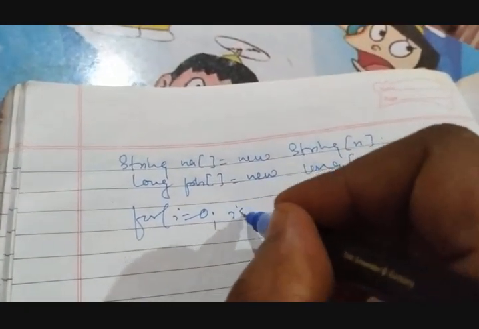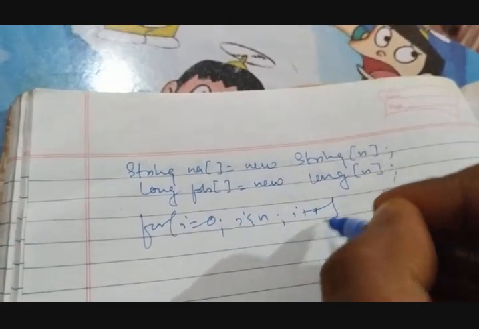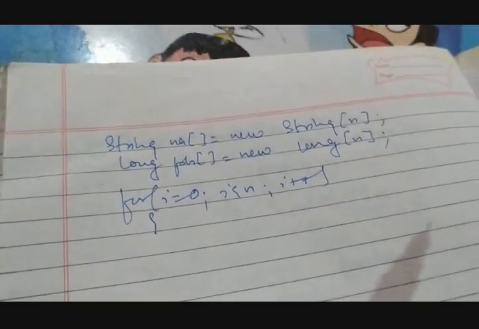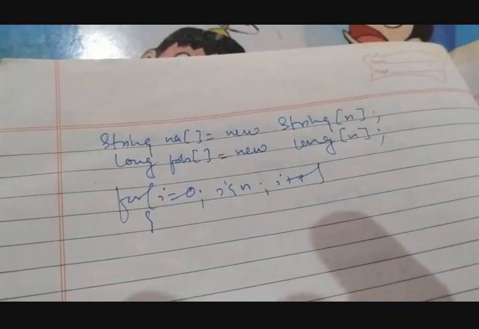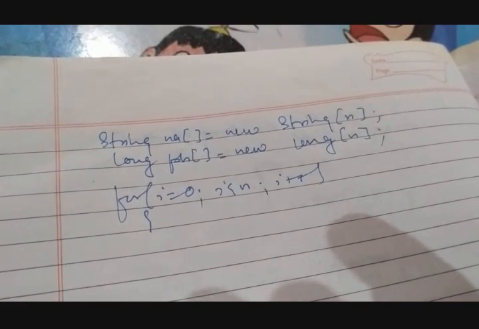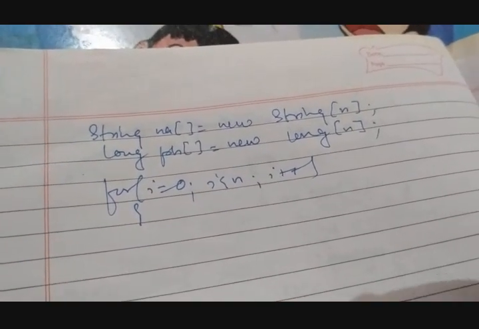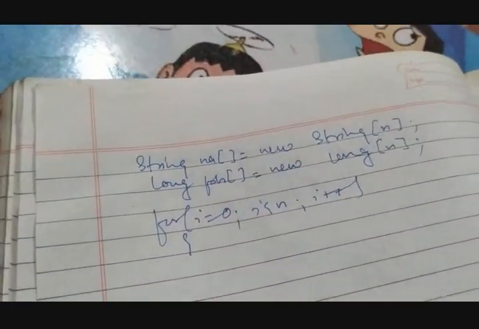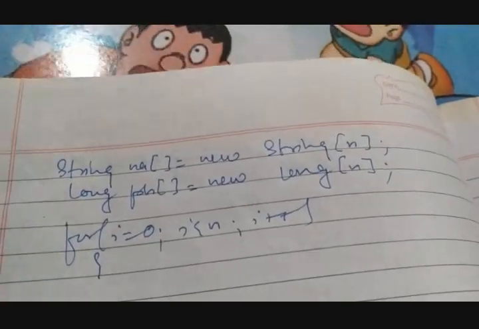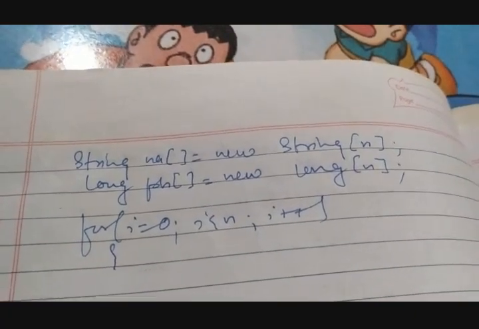Then a for loop, i less than n, i plus plus. Why did we use long? Because int holds about 8 digits, and we need to input 10 digits. Your mobile number consists of 10 digits, so therefore we have to use long there.